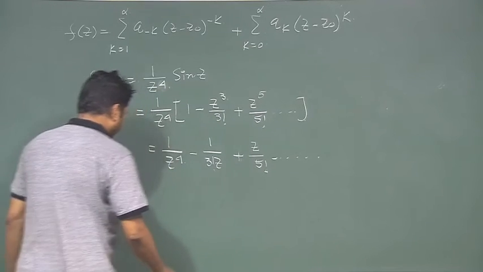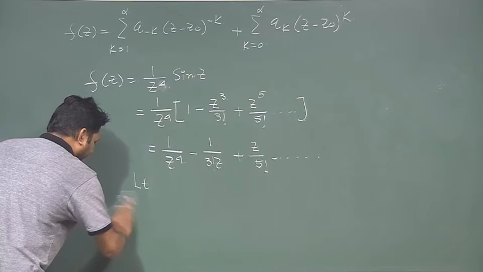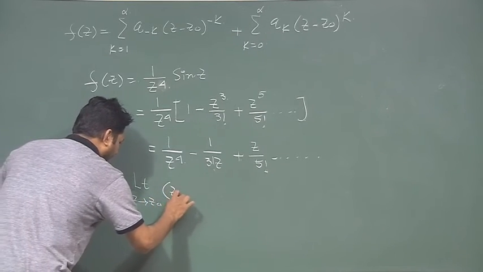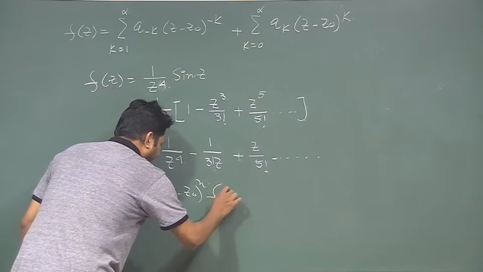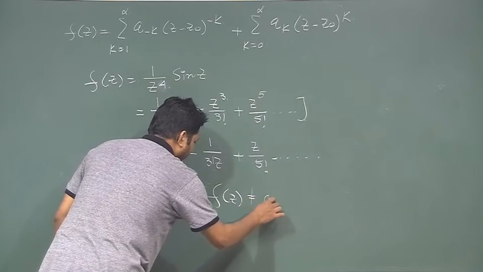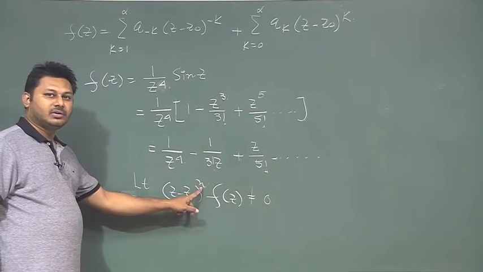Because if you remember from the last class, if the limit as z tends to z_0 of (z minus z_0) to the power n times f(z) is not equal to 0 or infinity, some value, then I can say that it is a singularity of order n.